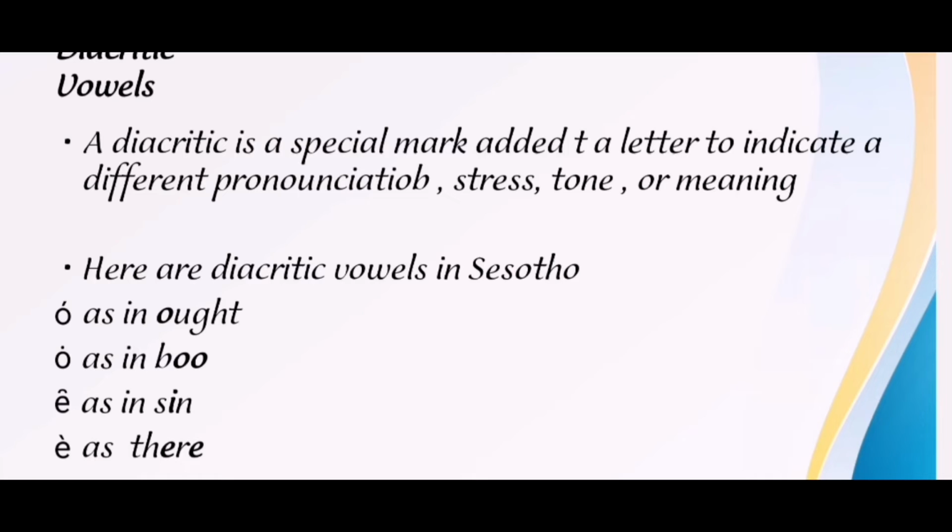So this is how you differentiate the sounds for these different diacritic vowels. Sometimes you'll have a word with more than one E, whereby you'll have different tones for those letters.